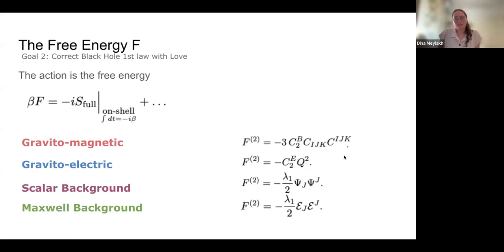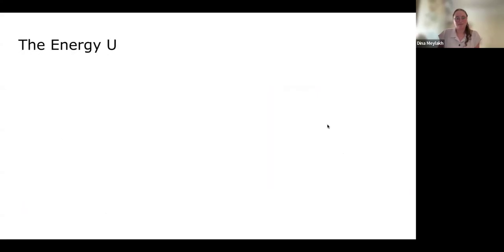F is the Legendre transform of U and TS, and so it will help us correct the first law at the end.